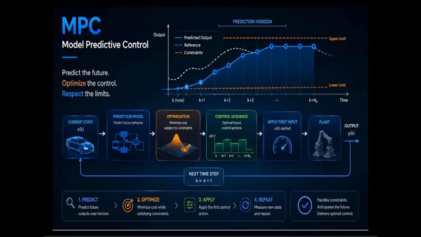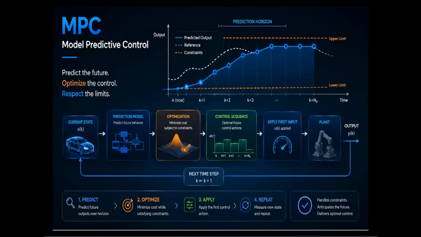A vehicle cannot exceed its steering limits, and a robot joint cannot move beyond its mechanical range. These limitations are incorporated directly into the optimization problem as constraints. The controller then searches for the control sequence that provides the best overall performance while satisfying every constraint.